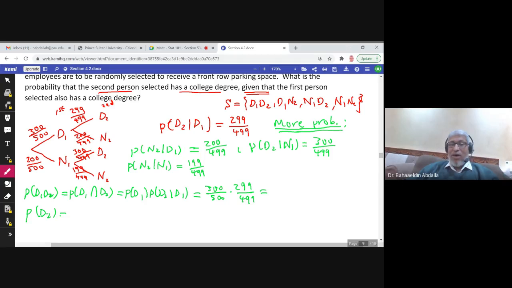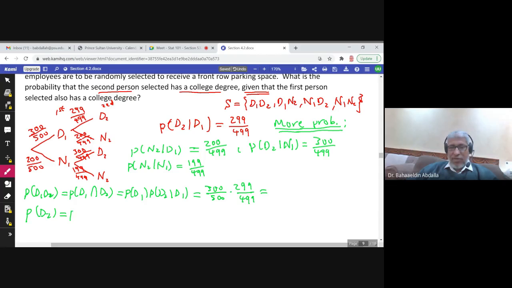Well, here you have two possibilities. The second one could have a college degree and the first one also have, or the second one could have a college degree, but the first one doesn't have. So you have to mention both cases.